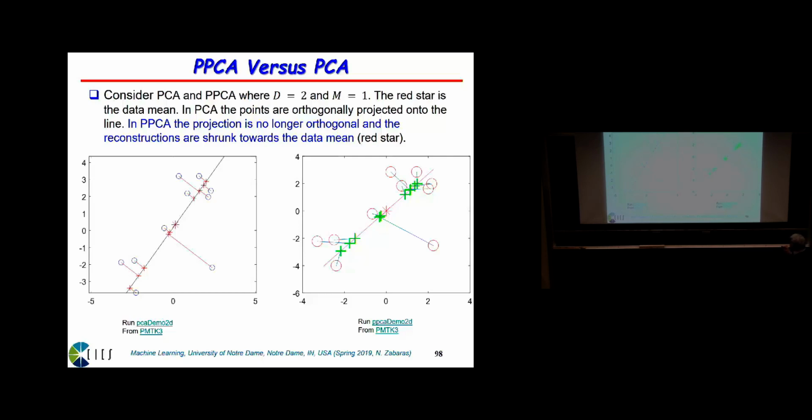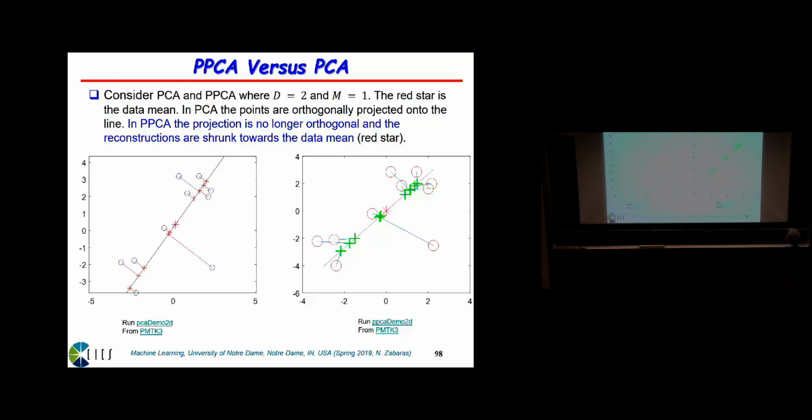This is the mean of the data, at 0, 0. The projections that you will have are orthogonal. That's what PCA is: you take the orthogonal projections to the principal subspace.